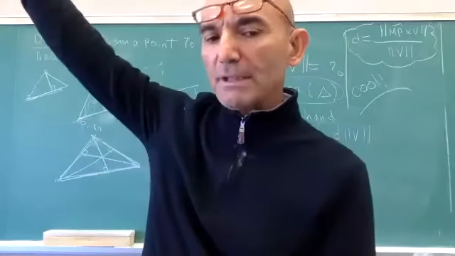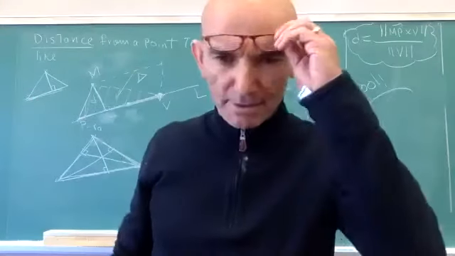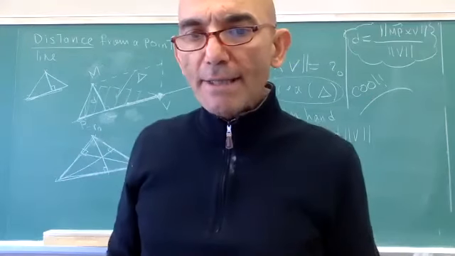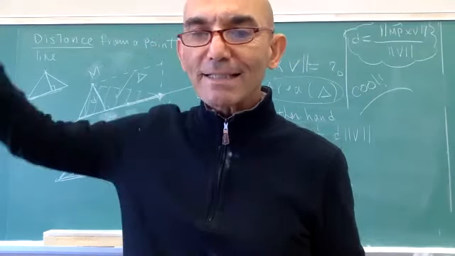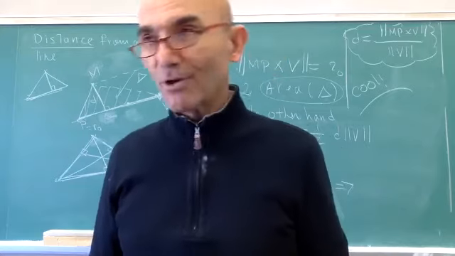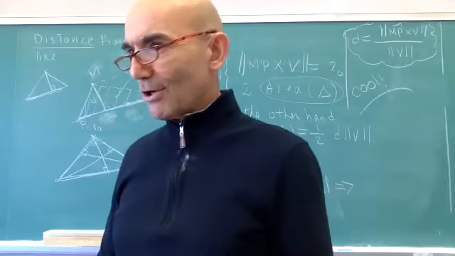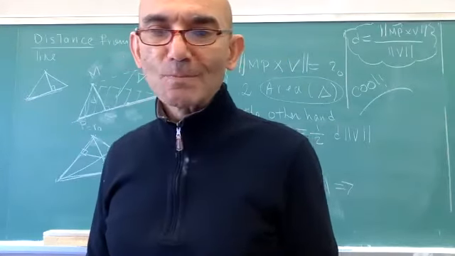You draw it from a vertex of a triangle to the opposite side. Height? Height is the length of it. It's called the height of the triangle. Well, a triangle has three heights actually, right? What's it called?